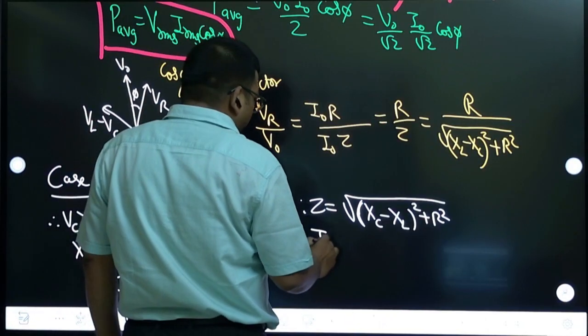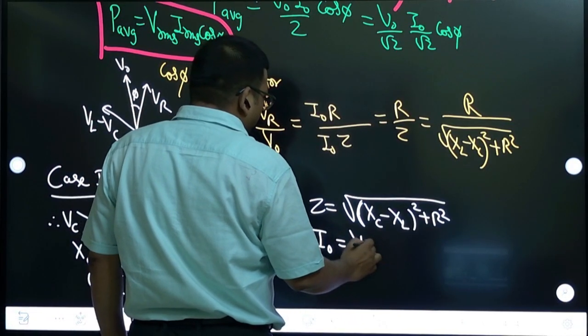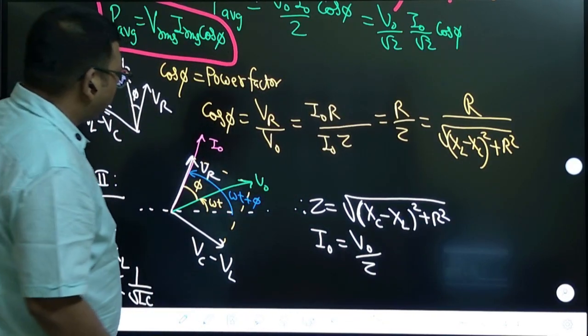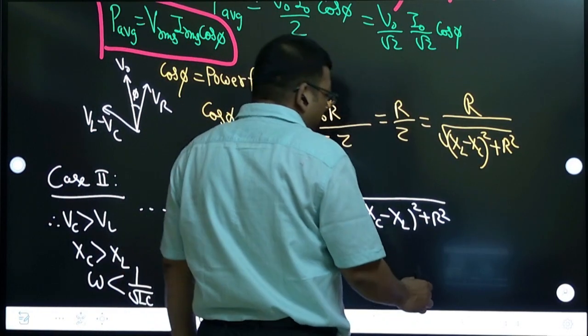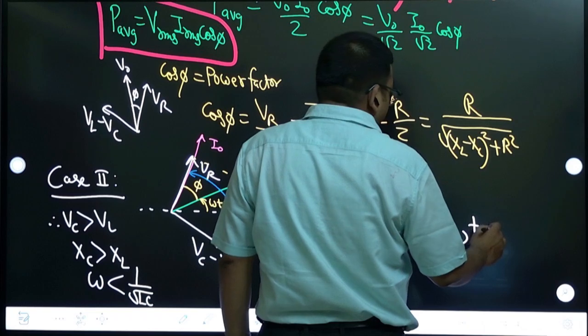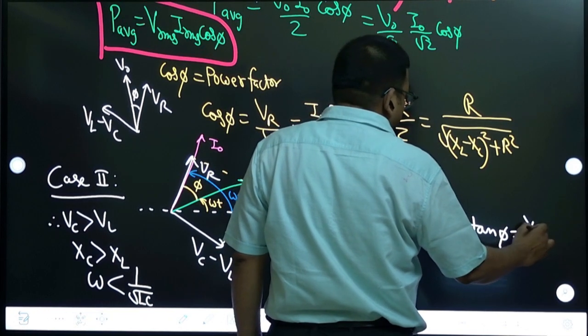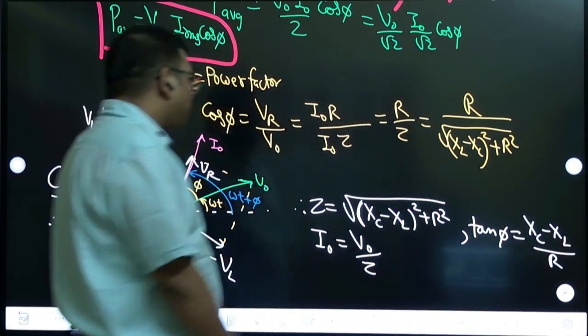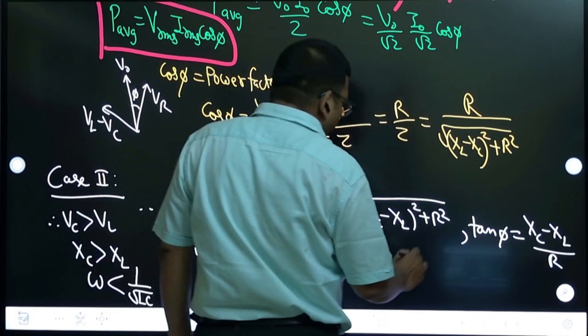Okay, and current amplitude you will calculate same as V naught by Z. Impedance is the same impedance. Okay, and you will calculate phi same way. Tan phi you will calculate same way. Tan phi you will calculate XC minus XL by R. That's all. Power formula will also be same.